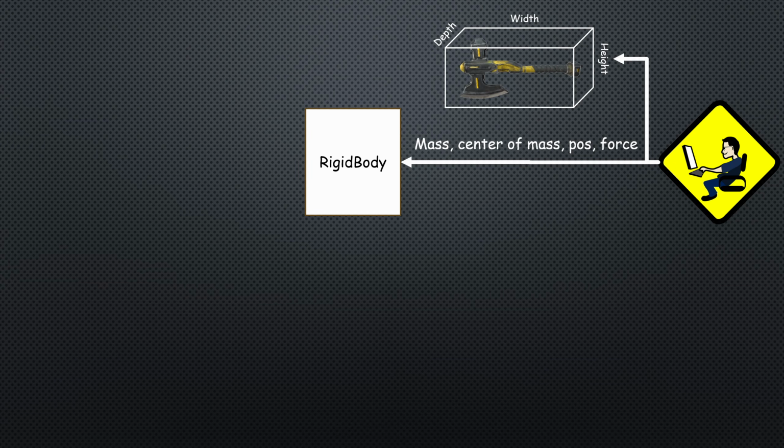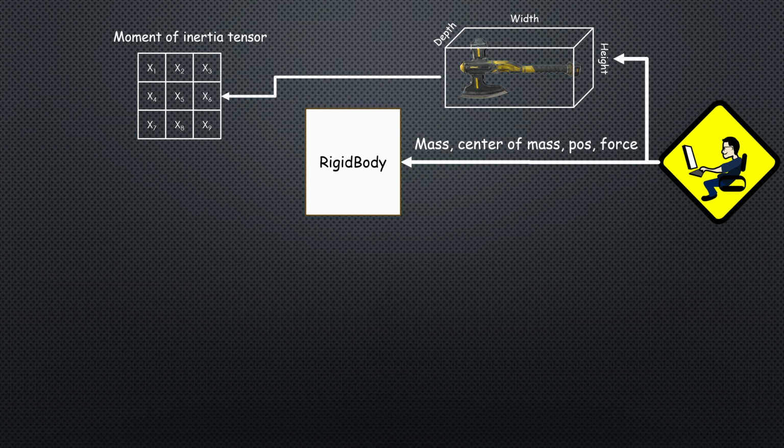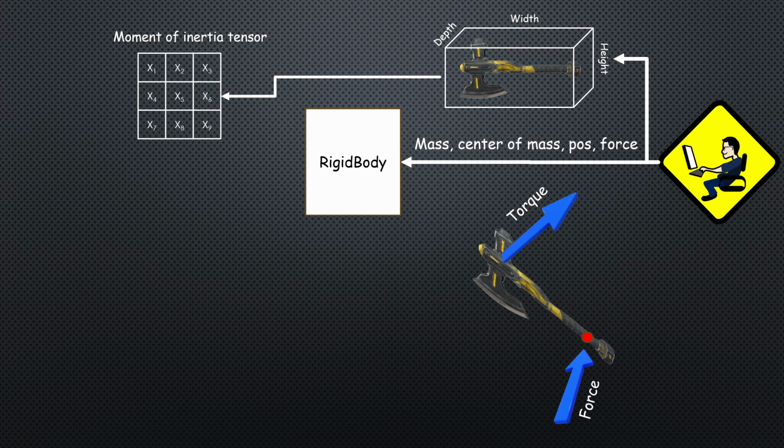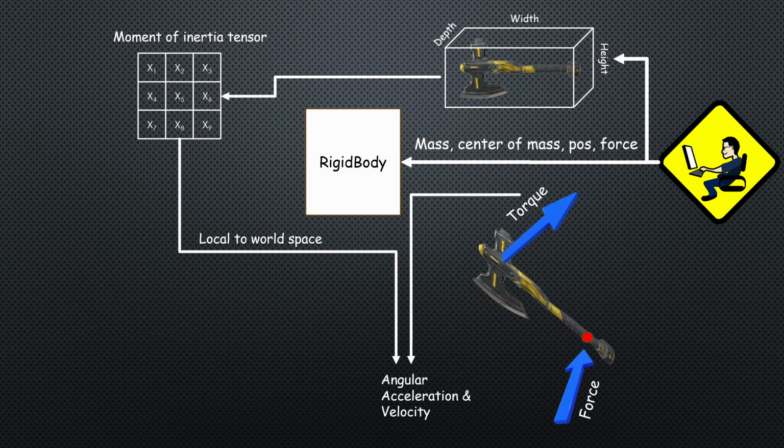From the shape of the rigid body, we calculate the moment of inertia tensor, basically a matrix. Using the force and the point where it is applied, we calculate the torque. Next, we rotate the inertia tensor into world space and use that, along with torque, to calculate the angular acceleration.